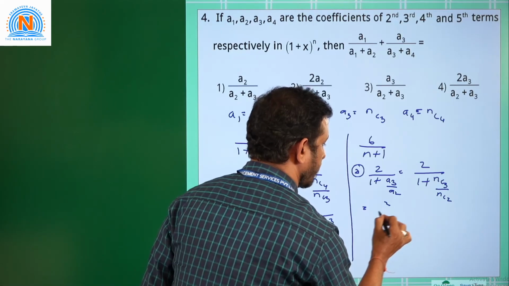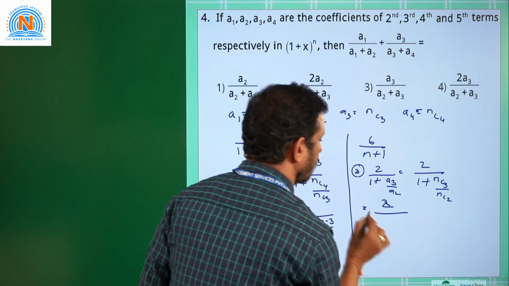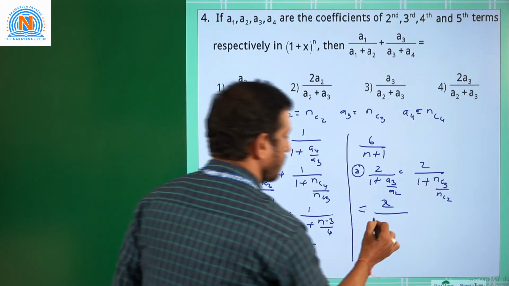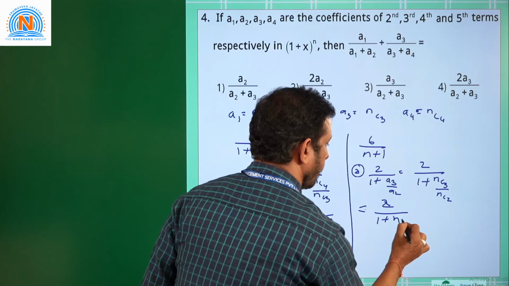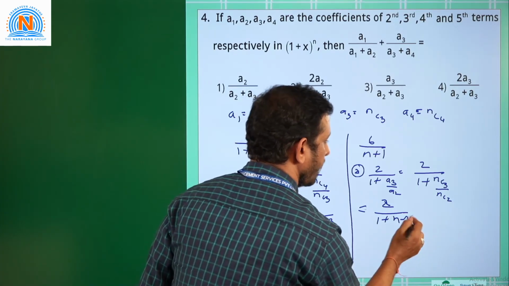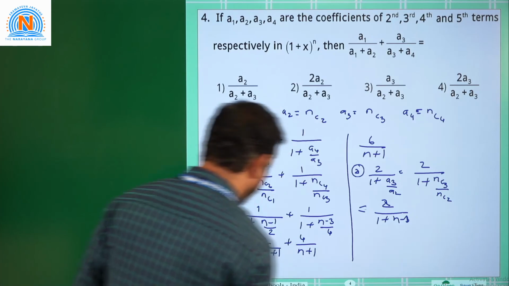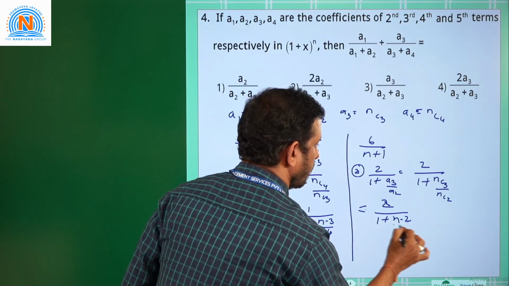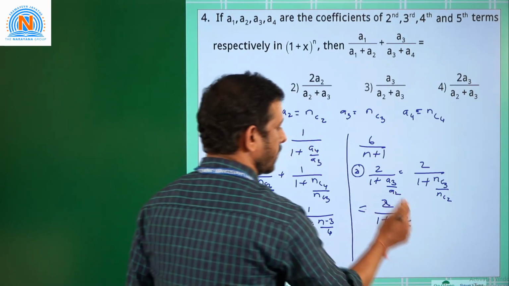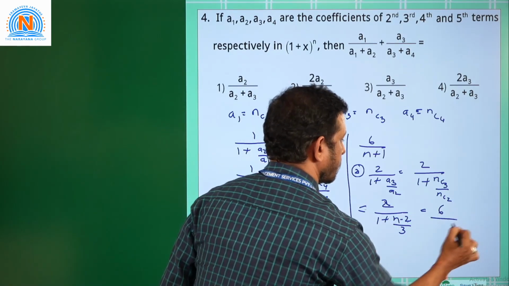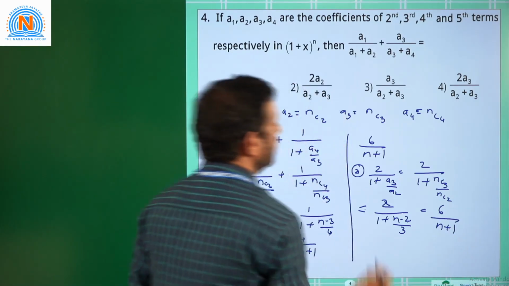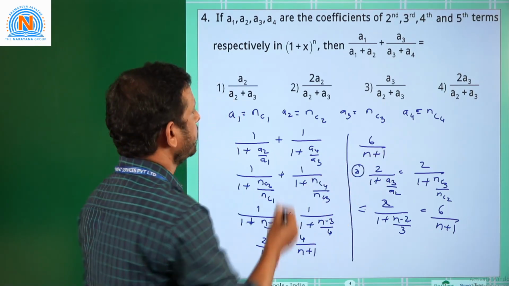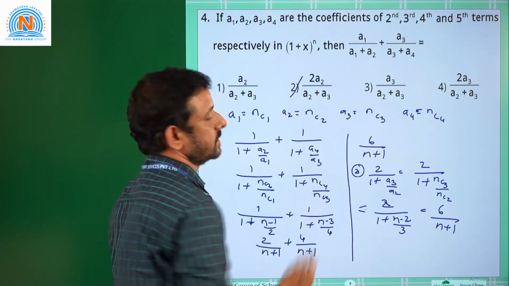Again if I make use of the condition, nCr by nCr minus 1, this is 1 plus (n minus 3 plus 1) by 3, which you can take as (n minus 2) by 3. This goes to the numerator, and you get the value 6 by (n plus 1). Our second option is also giving the value 6 by (n plus 1), which means the second option is the correct answer.